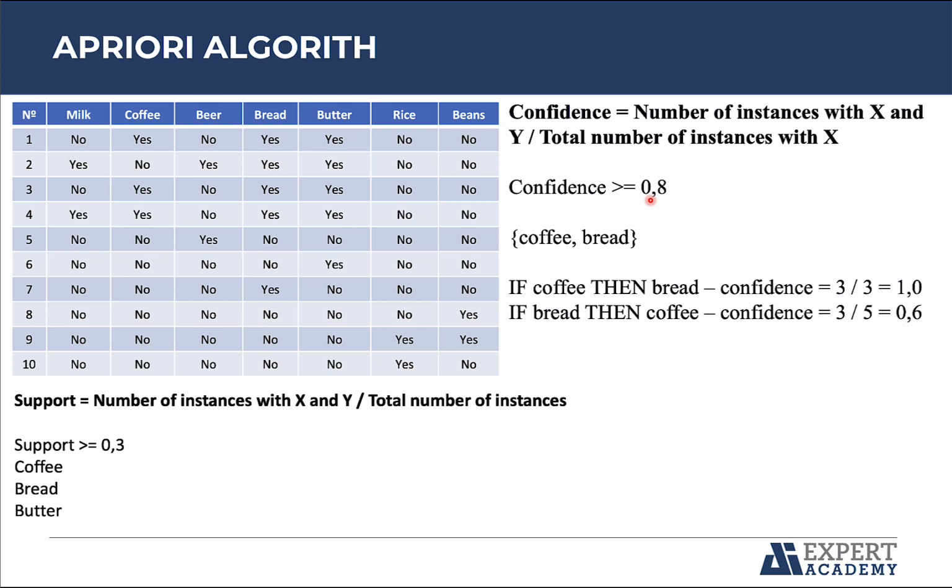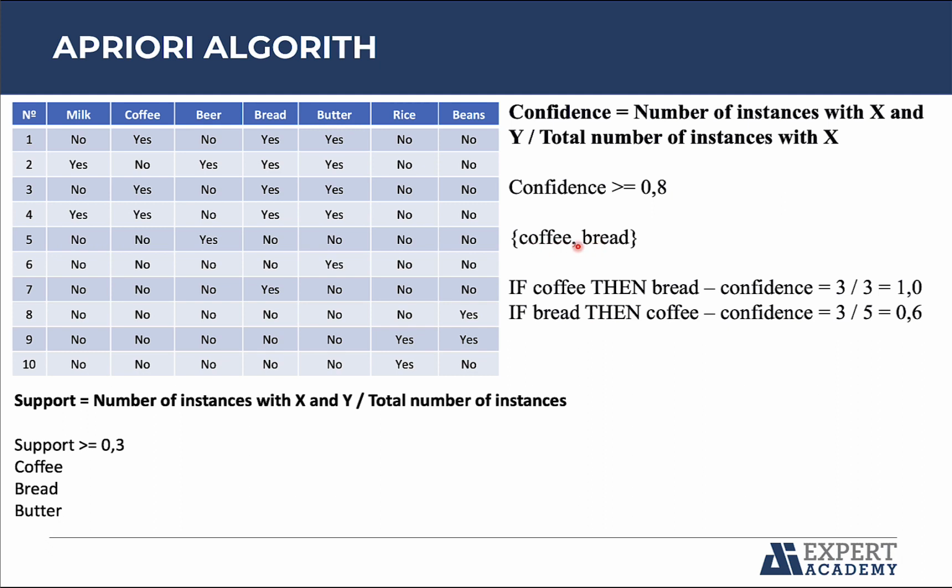Let's suppose that we want to generate rules where the confidence is greater or equal to 0.8 or 80% confidence. Now we can select and combine all these products. Let's suppose that for this example, we want to find some rules considering coffee and bread.